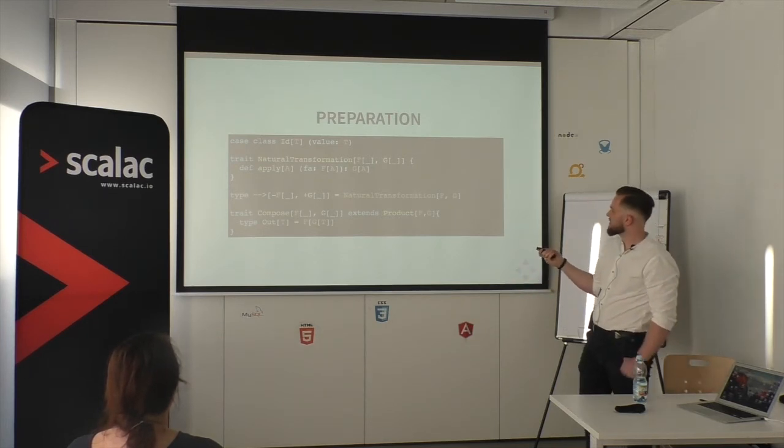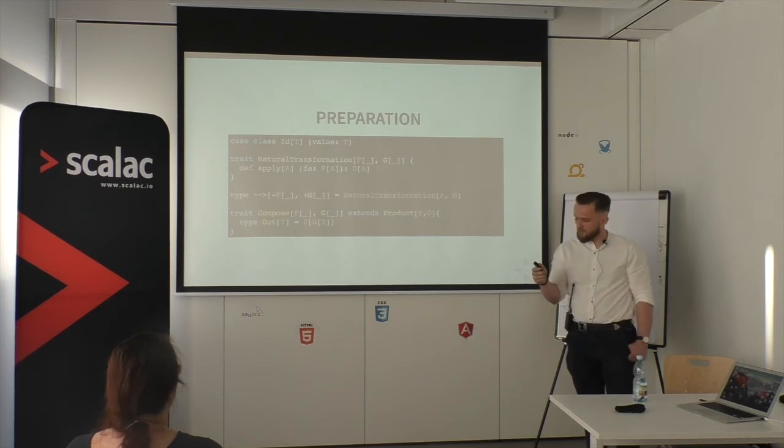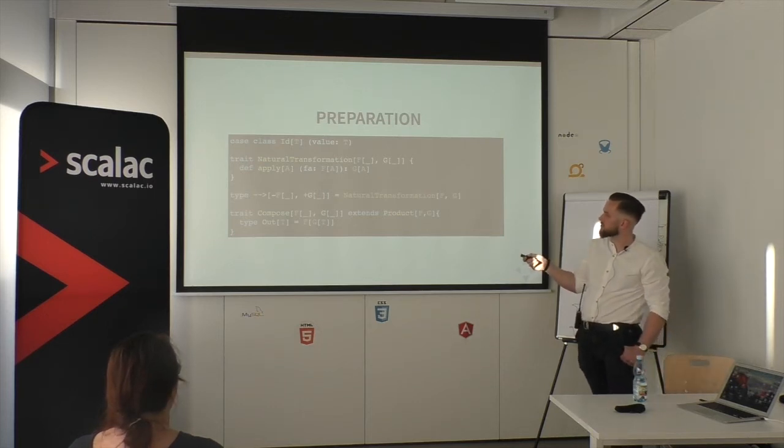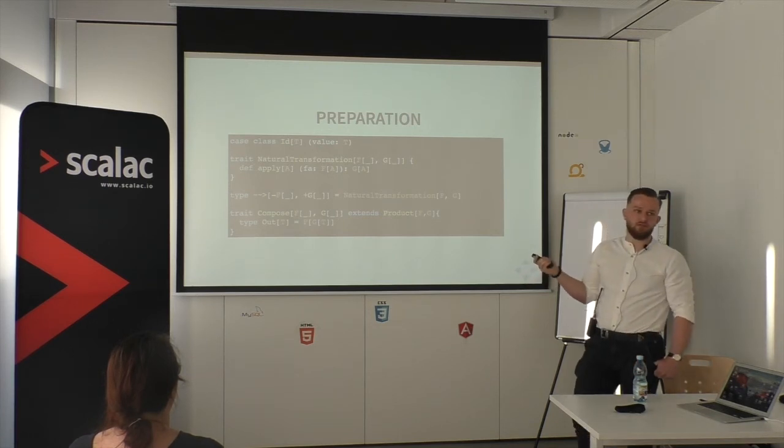The natural transformation is something that for any given type A takes an instance of F of A. So for example, Option of Int, Option of A, because we don't know what A is, and basically we can call it. Let's say we have here the Option of Int, and what it produces is some other container of Int.